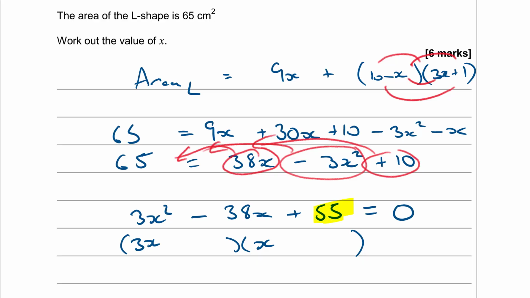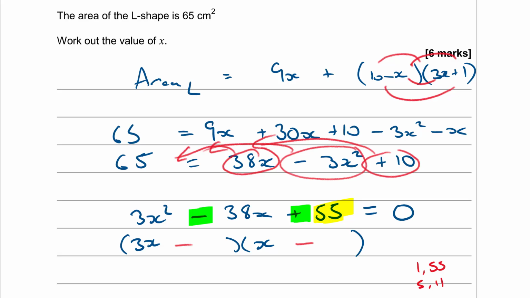Not that many: 1 and 55, and 5 and 11. So, can I make 38 with those numbers? Because we've got a positive last term and a negative middle term, both numbers here have to be negative.